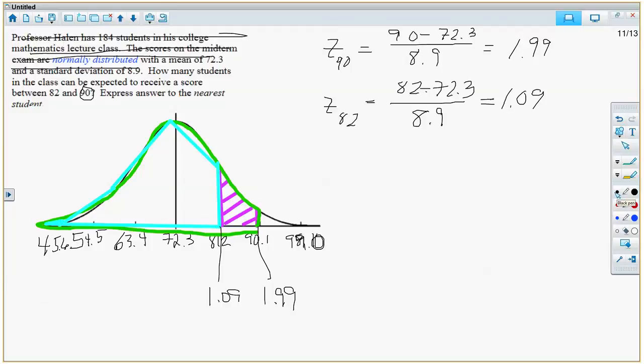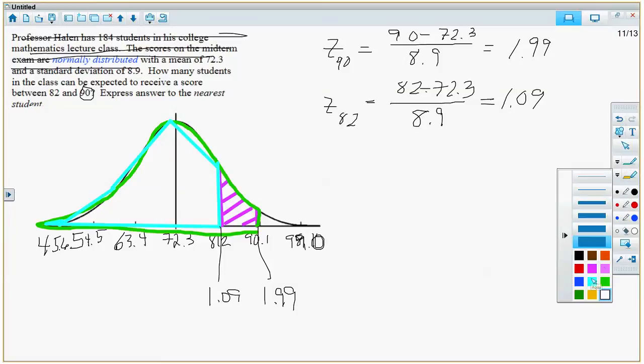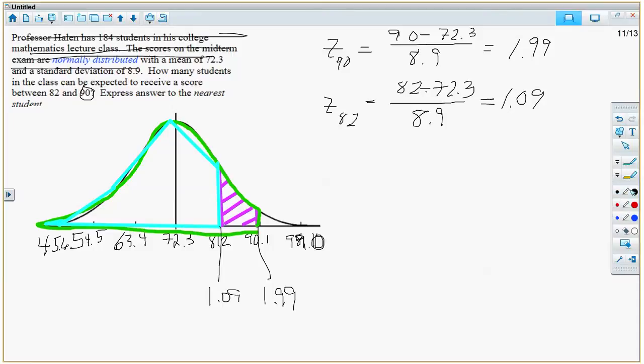So the blue area, or the area that we said is aquamarine, what was the aquamarine point? 0.8621.